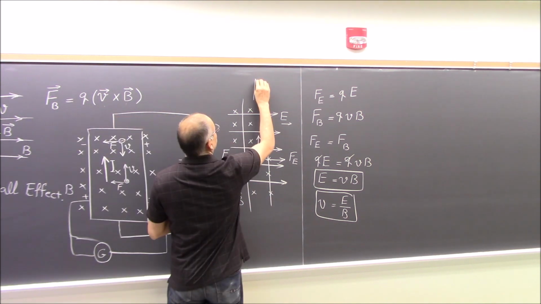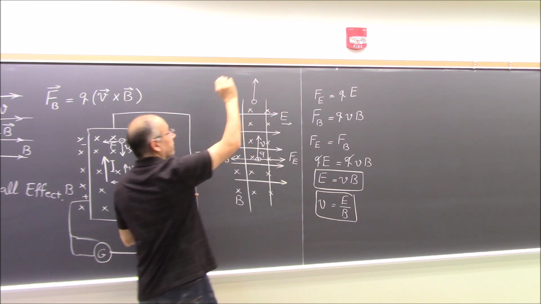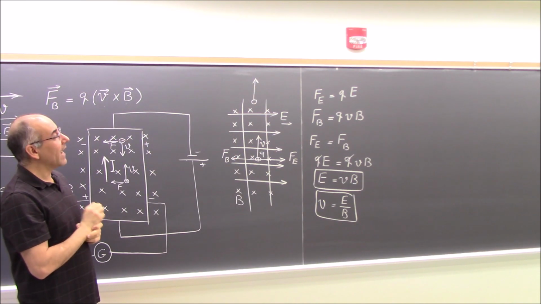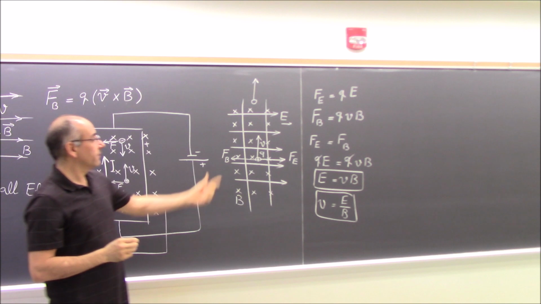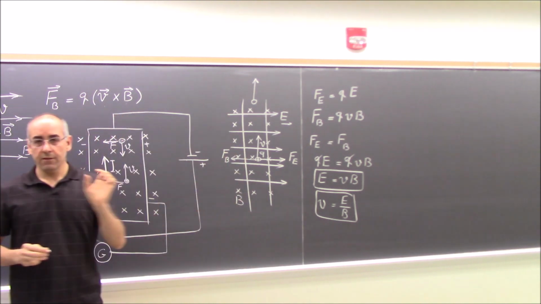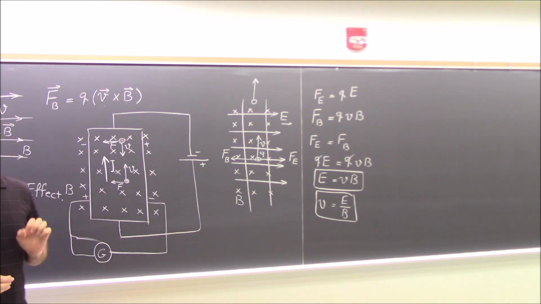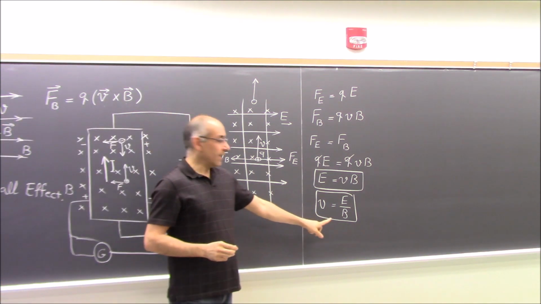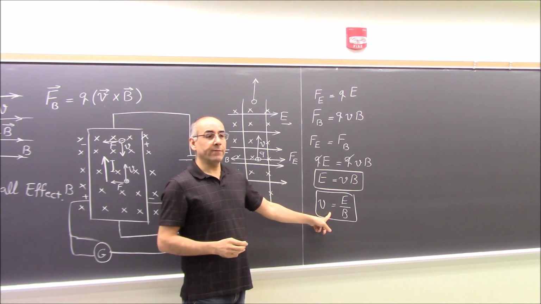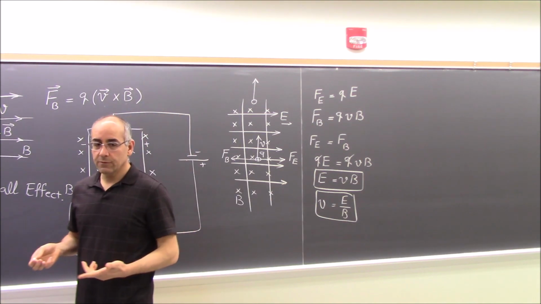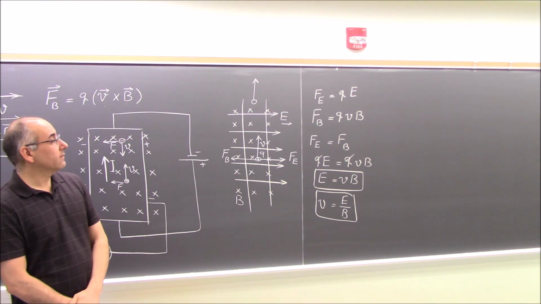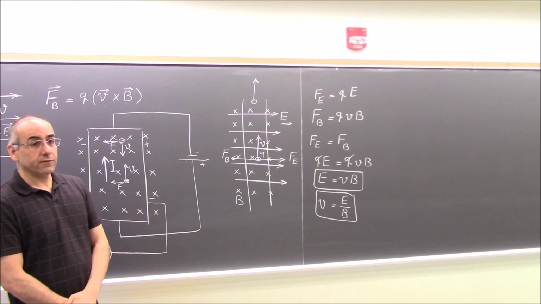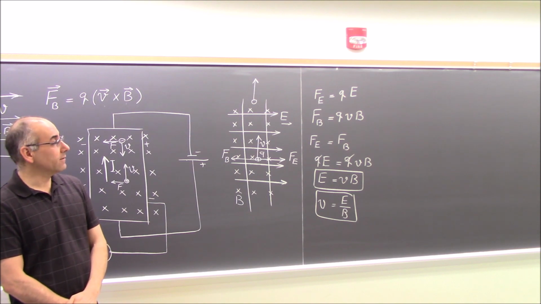So the particles that are going in that direction all have the same speed if the tube is long enough and thin enough. This is called velocity selector. It selects a certain velocity. That is very important in some experiments. For example, when they do mass spectroscopy, they use this velocity selector for that experiment.